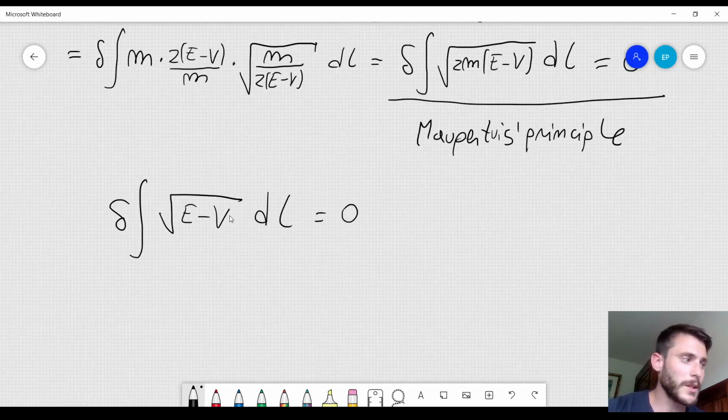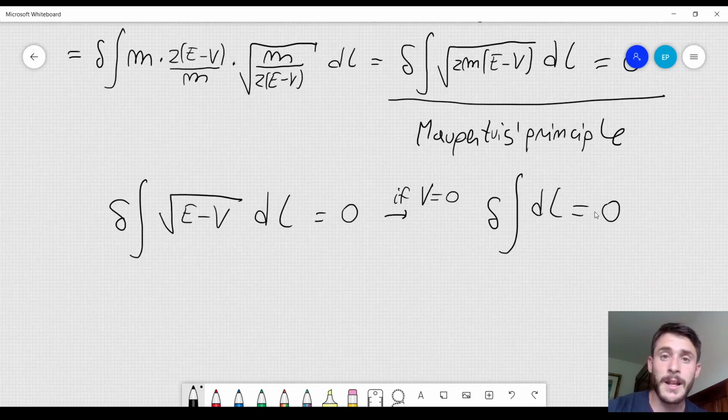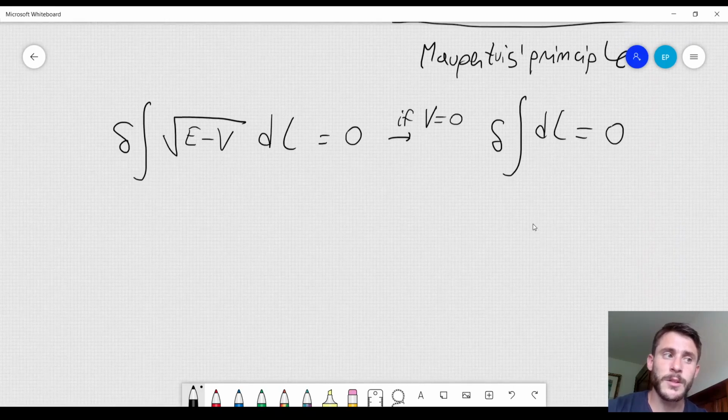That means that the particle is free to move, doesn't have any constraint, no forces act on the particle. So if v is equal to 0, then we have to minimize the length of the path, and the length of the path is minimized when, of course, it is a straight line. So in this case the particle moves in a straight line, which is something that we know from classical physics.